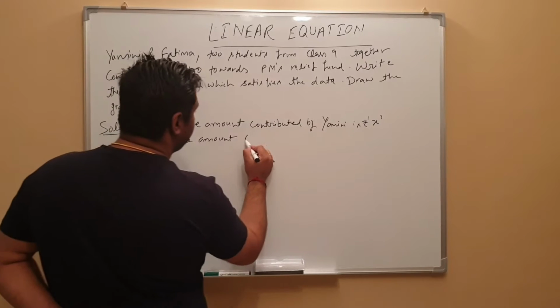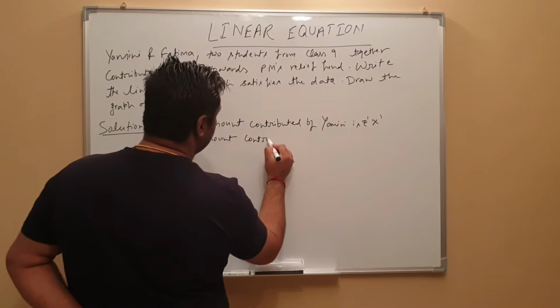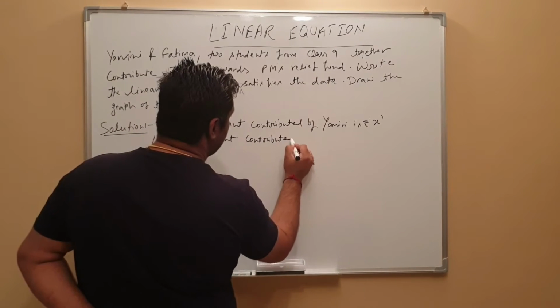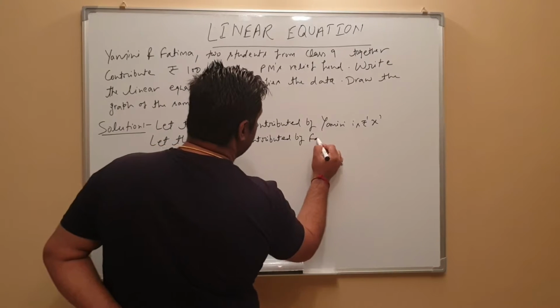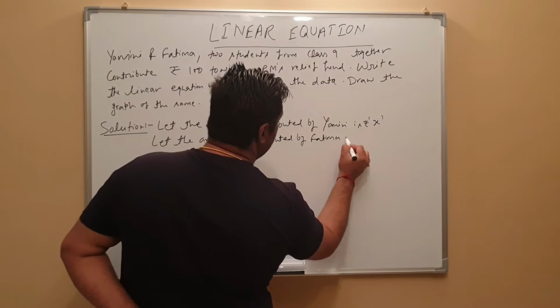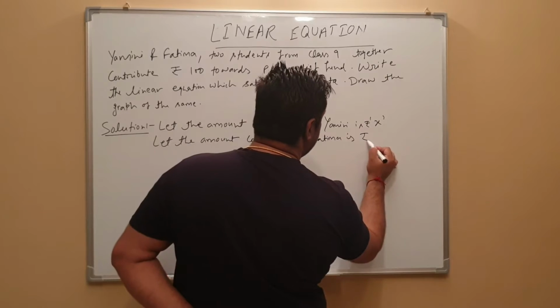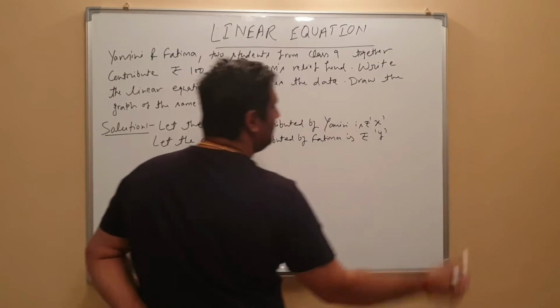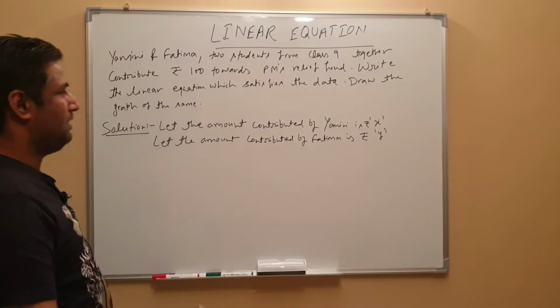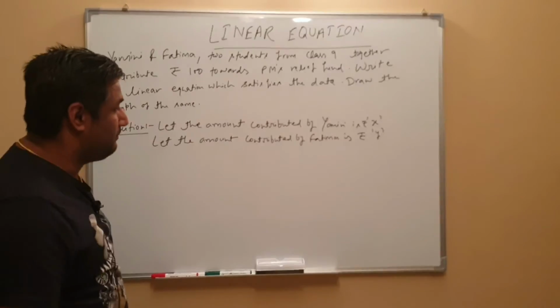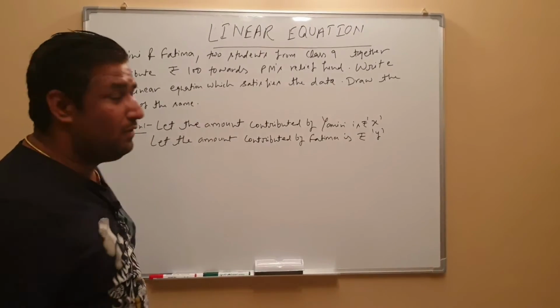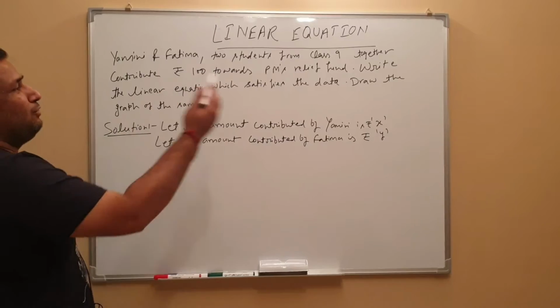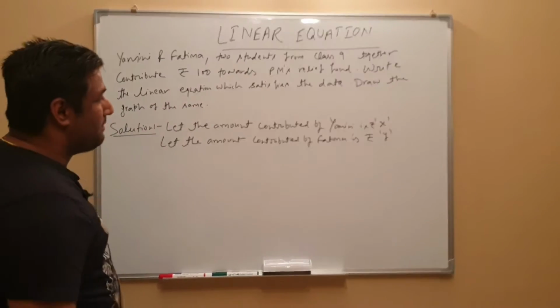Okay, and so let the amount contributed by Yamini is X, then let the amount contributed by Fatima is Y rupees. So amount contributed by Yamini is X and amount contributed by Fatima is Y. So they both are contributing and the total amount is fixed.